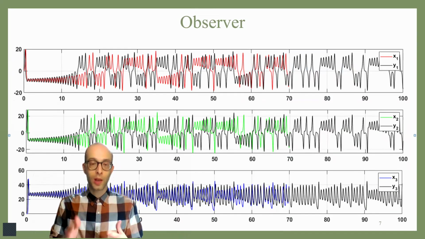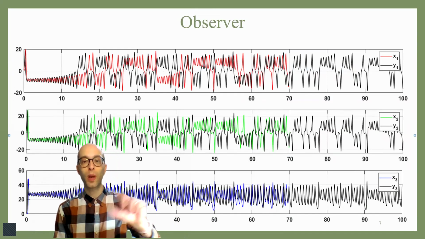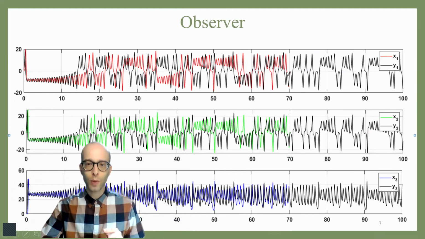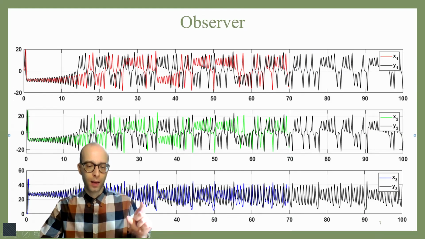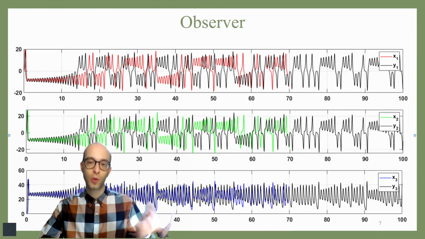So initially the observer starts, and because I don't have a feedback term, the observer fails to estimate the original states. So basically it doesn't provide us any information about the original system. At 70 seconds, I click a switch inside the observer, and the observer starts working.